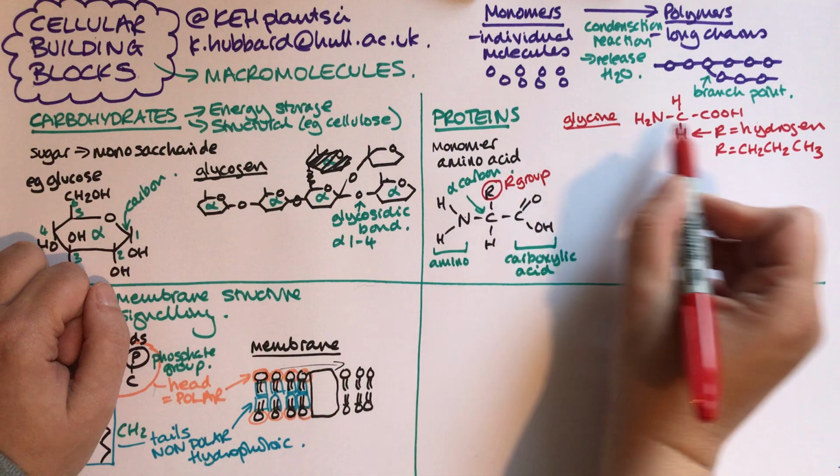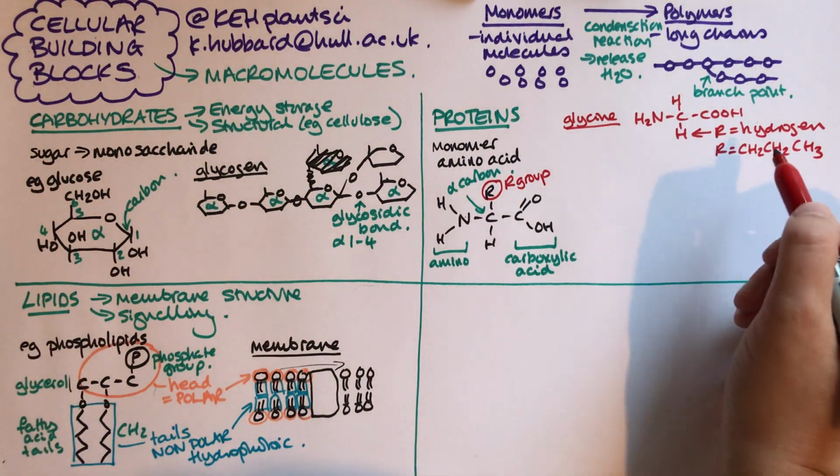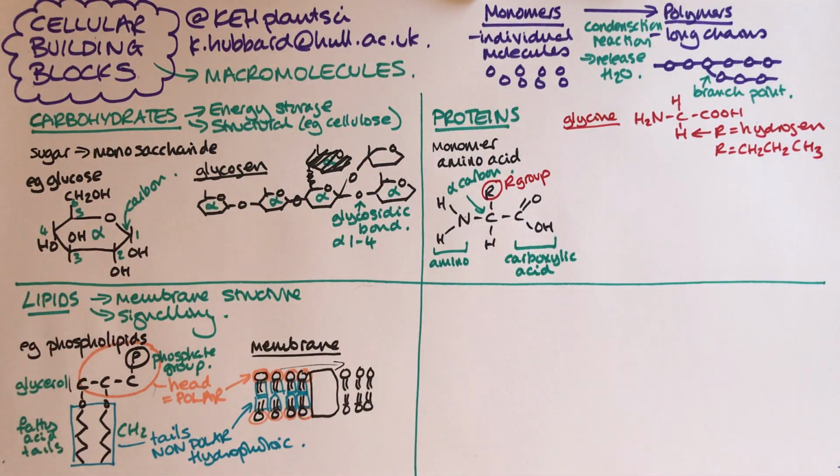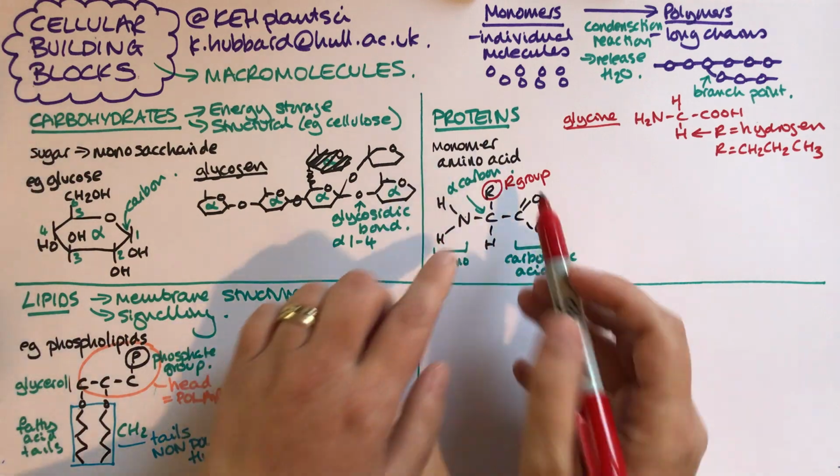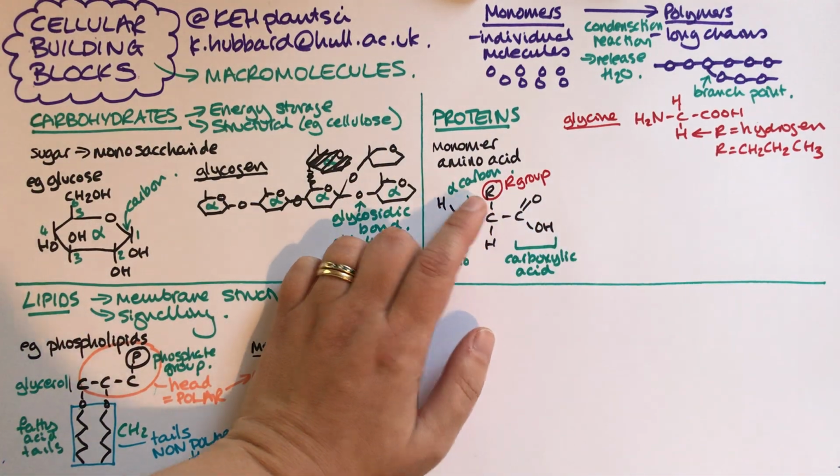So different amino acids have different R groups on the side of them, and that affects their properties when they come in and form a protein. So this is our monomer. R is different for each different amino acid.